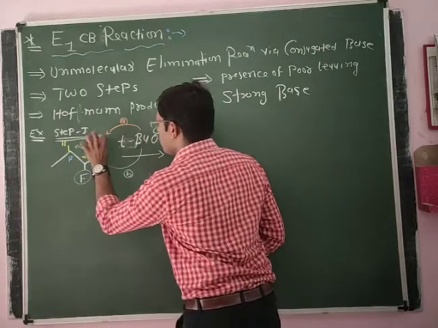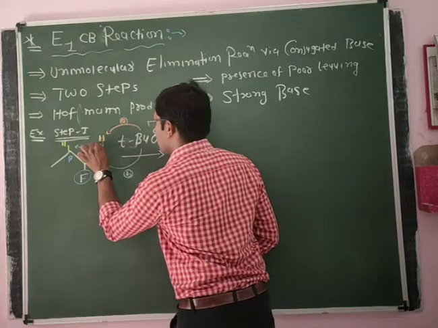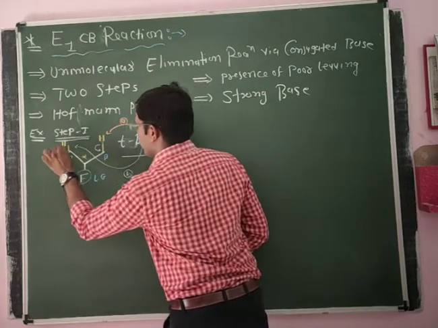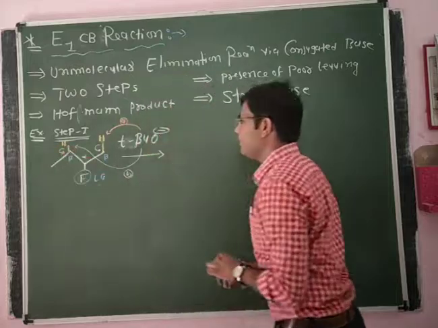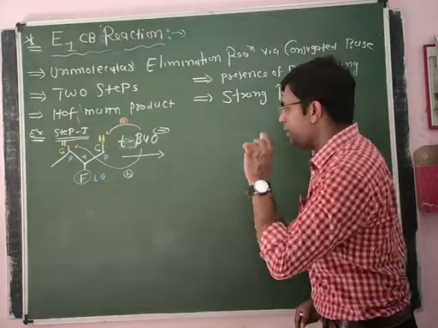So if tertiary butoxide attacks this hydrogen, then it will be removed as a proton. So here there are 2 possibilities, and we get product A and B.